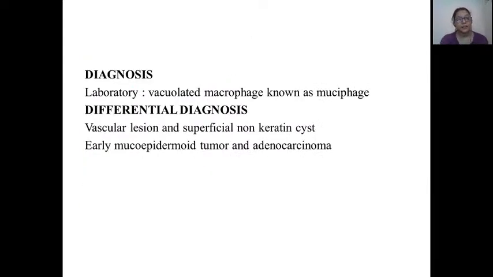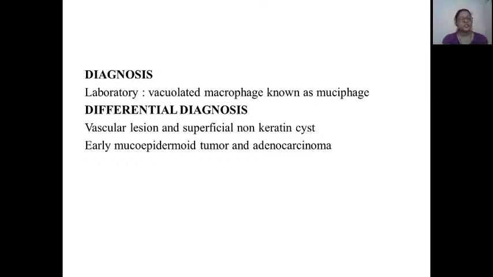The laboratory diagnosis can be done by the vacuolated macrophages seen with mucophages, and by clinical diagnosis there will be a dome shaped swelling, usually on the inner aspect of the lower lip. Differential diagnosis is vascular lesion and superficial non-keratinized cyst.